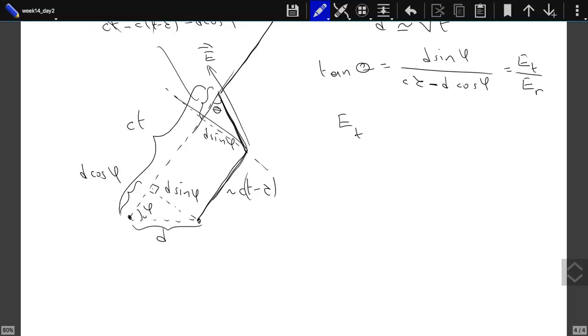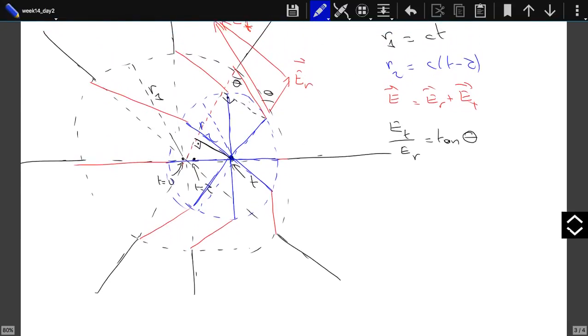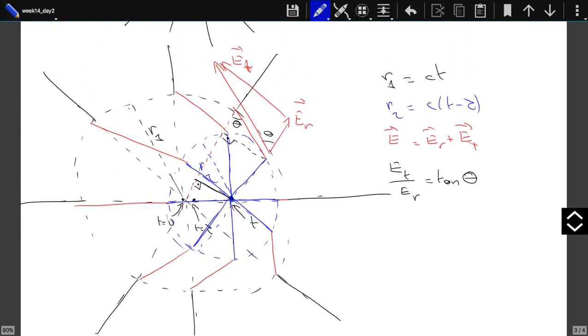So we kind of already have the tangential component of the electric field. In terms of the radial component, this should be ER times d sine phi divided by c tau minus d cosine phi. Now the radial component of the electric field, well, it doesn't really change much.